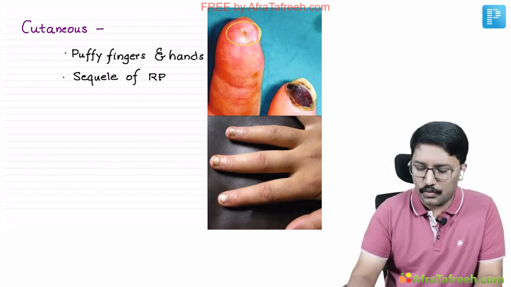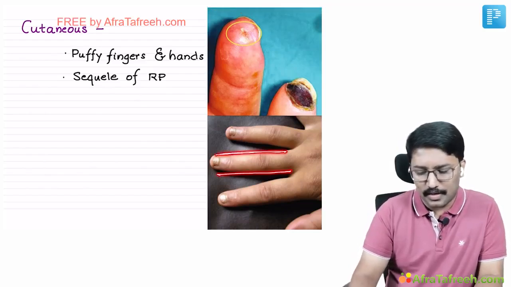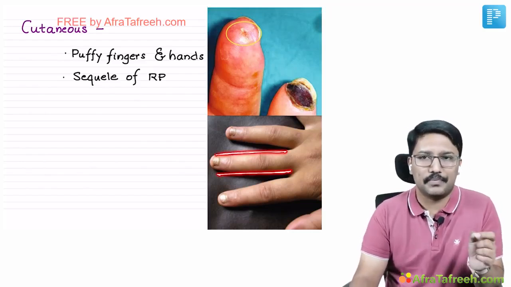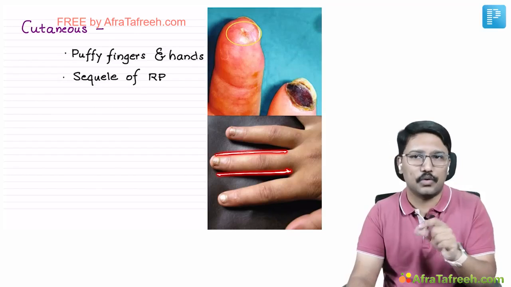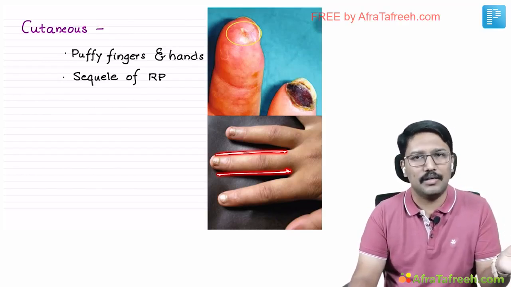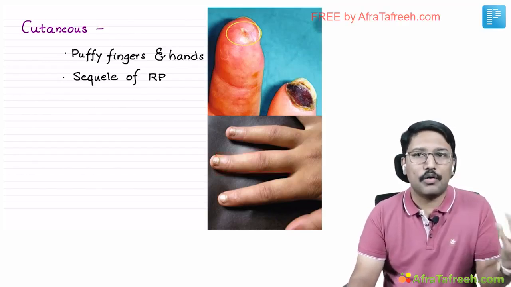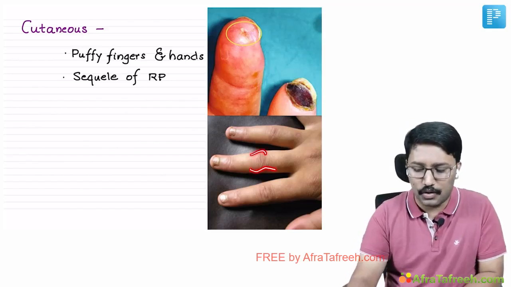In dactylitis, you will notice that there is a uniform swelling of the fingers, unlike the kind of swelling we are noticing here. It will be as if there are two parallel lines. The whole finger is uniformly swollen. That is what we call dactylitis. That is usually seen in patients with psoriatic arthritis or sickle cell anemia and some infections. Then we also see fusiform swellings because of the synovitis in rheumatoid arthritis.